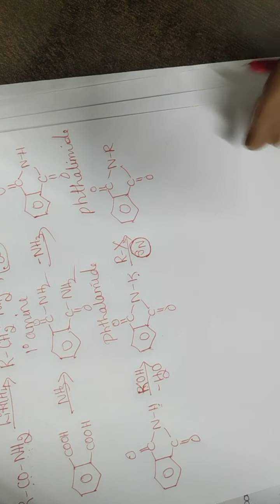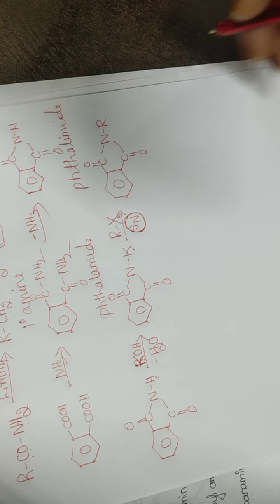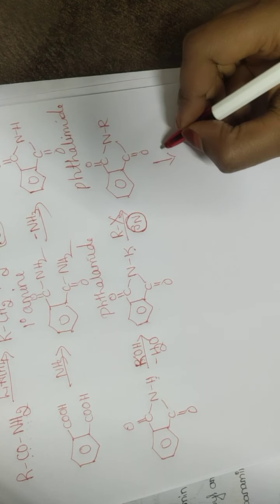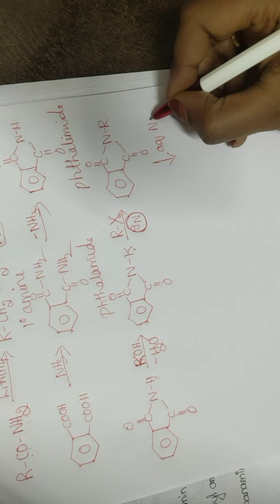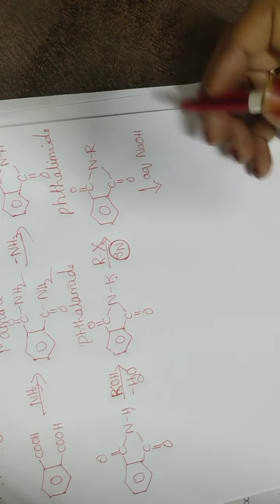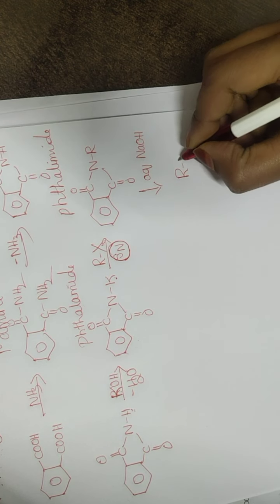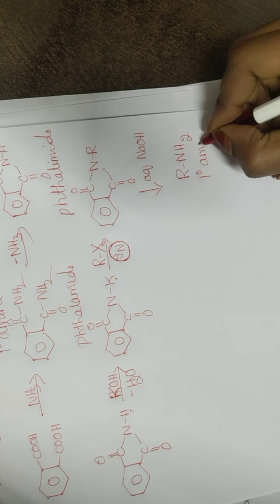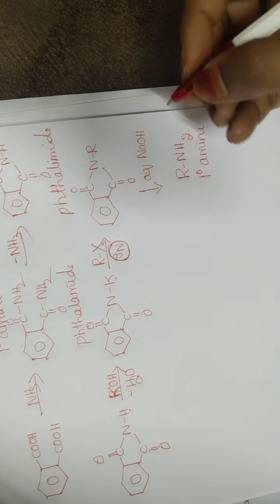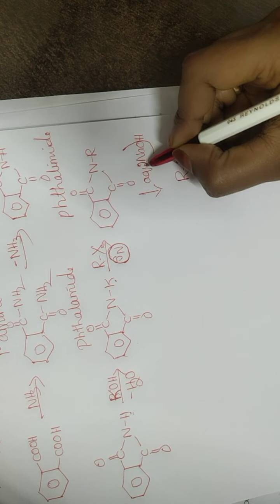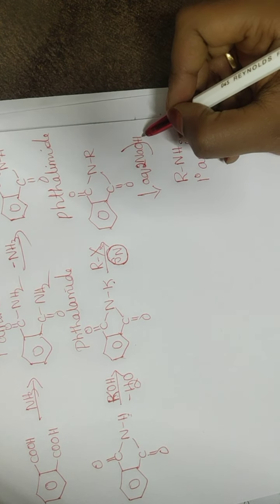The next step, you have to add NaOH, aqueous NaOH. When we treat with the excess of aqueous NaOH, I will end up with a primary amine. How did I get this? Look over here. If I take two molecules of NaOH, there are two hydrogen atoms.